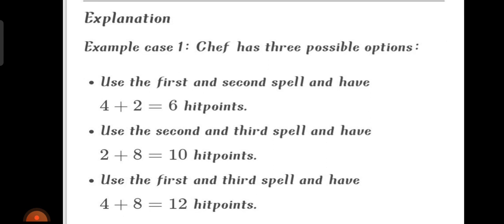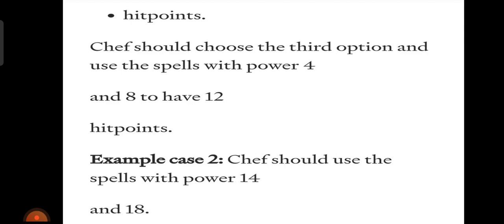Use the first and third spell and have 4 plus 8 equals 12 hit points. Chef should choose the third option and choose the spells with power 4 and 8 to have 12 hit points. For example case 2, Chef should use the spells with power 14 and 18.